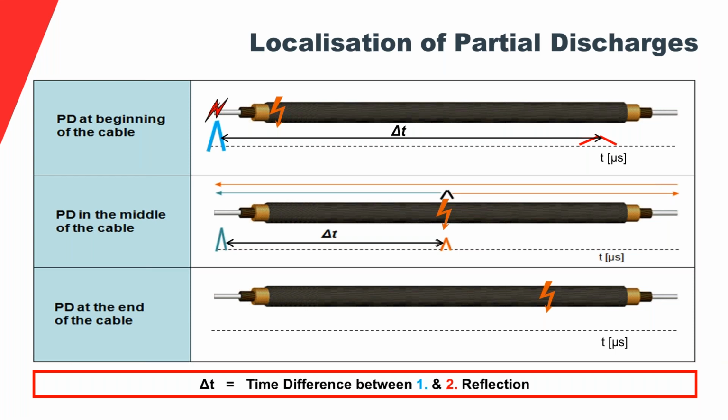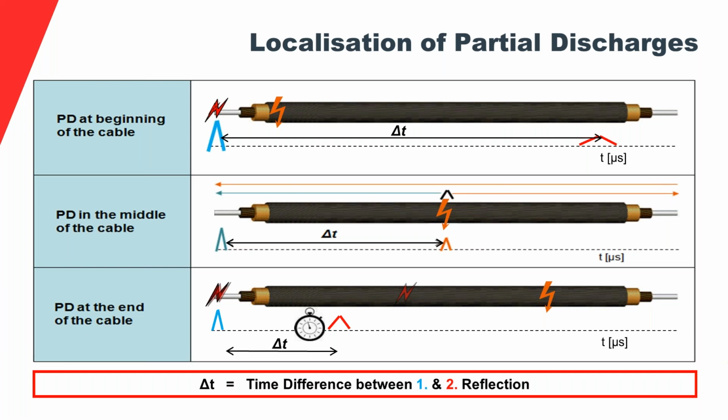And then case 3 on the bottom, you have a PD source close to the end of the cable. So as you can see, the first reflection arrives, and then shortly after, the second reflection arrives. So you have the paradox situation here that, if you don't really think about it, you might jump to wrong conclusions.